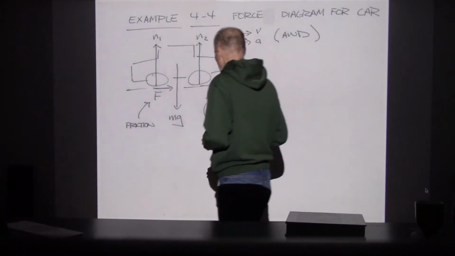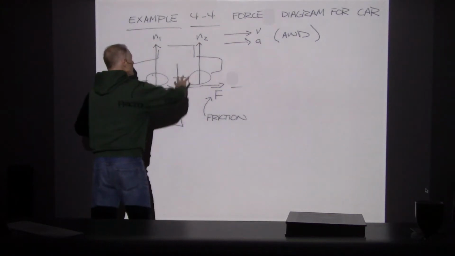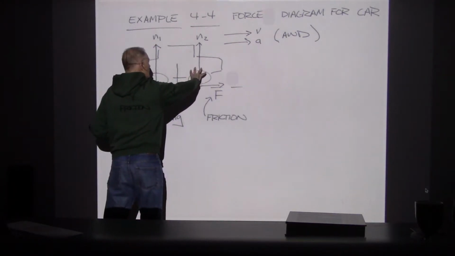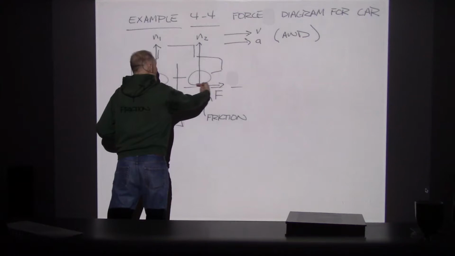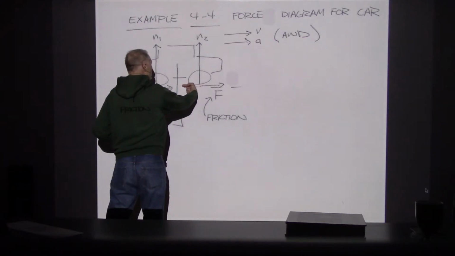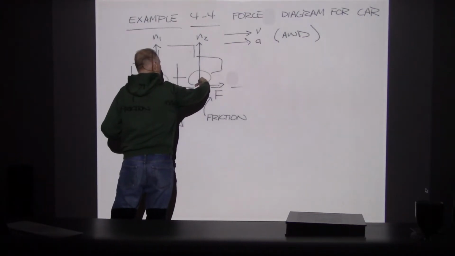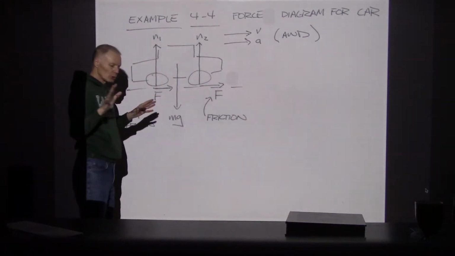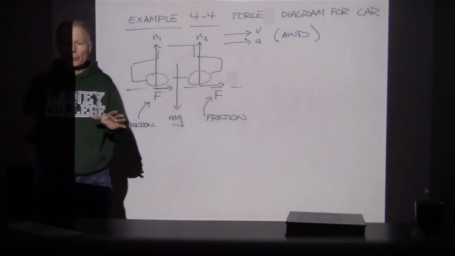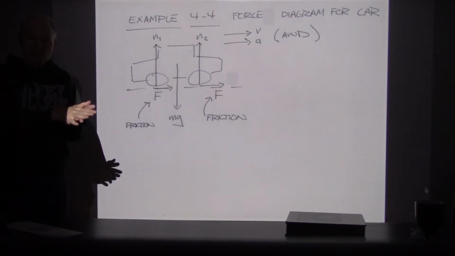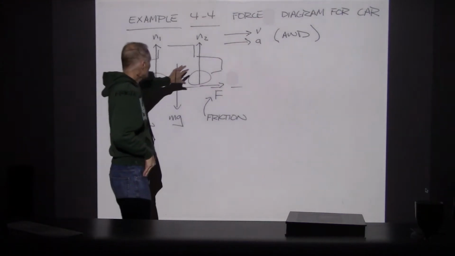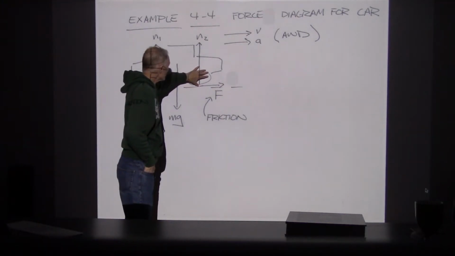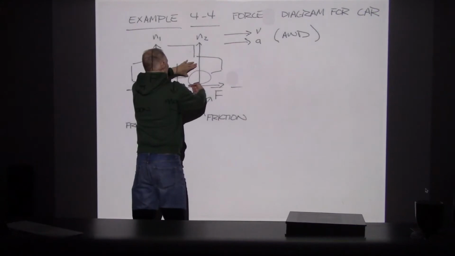Because there is friction, what happens is as the wheels begin to spin, that creates a backwards force on the pavement. The wheel is pushing against the pavement. If you've got good tread on your tires, then the tires will not slip against the pavement. And so when the engine begins to turn the tire, that creates a backwards force.